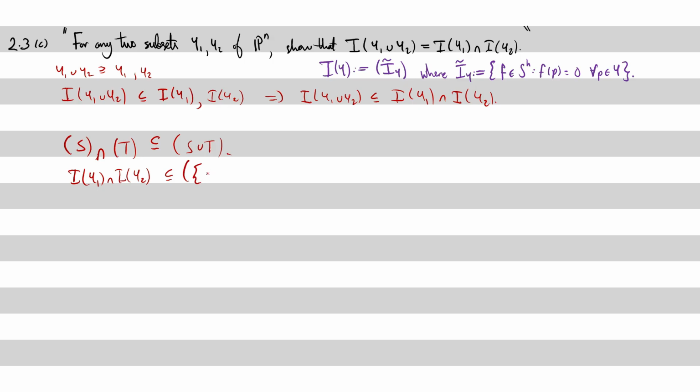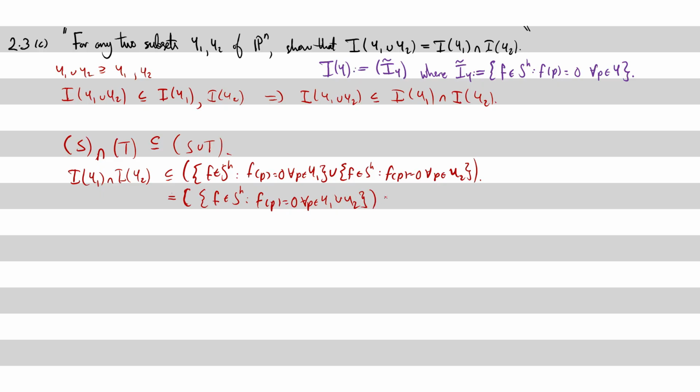So it's a subset of the ideal generated by f in S^h such that f of p equals 0 for all p in Y1, union f in S^h such that f of p equals 0 for all p in Y2, which is equal to the ideal generated by f in S^h such that f of p equals 0 for all p in Y1 or Y2, which is, using the conventions here, Y1 union Y2, which is equal to the ideal generated by Y1 union Y2 by definition.